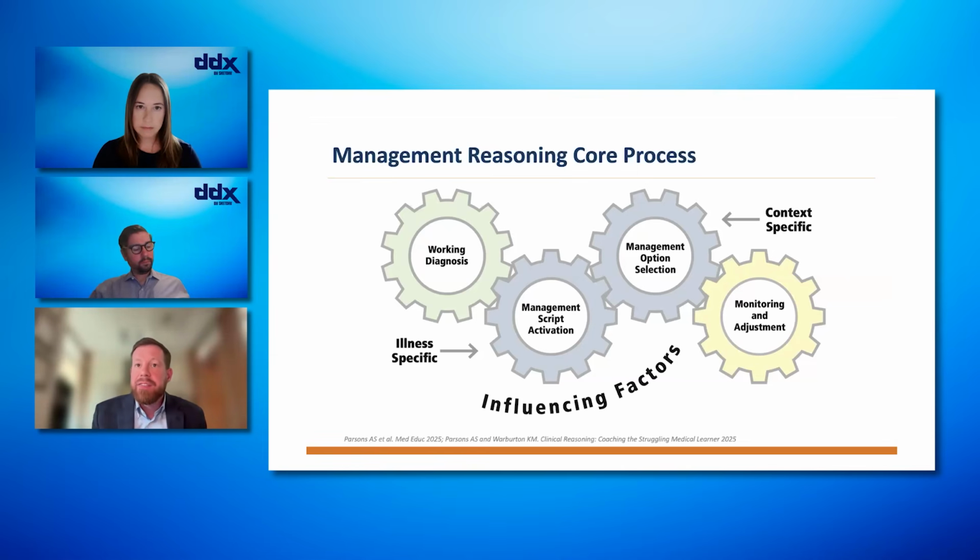Then based on a number of influencing contextual factors, we would select from our management script. So I'll play this out in an example in a minute, and then we'll enact that plan and we'll monitor and adjust it over time. So two core processes here, the management script activation and the management option selection. First being illness specific and the second being context specific.